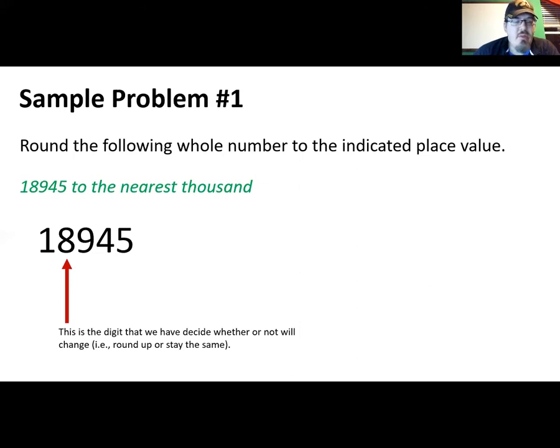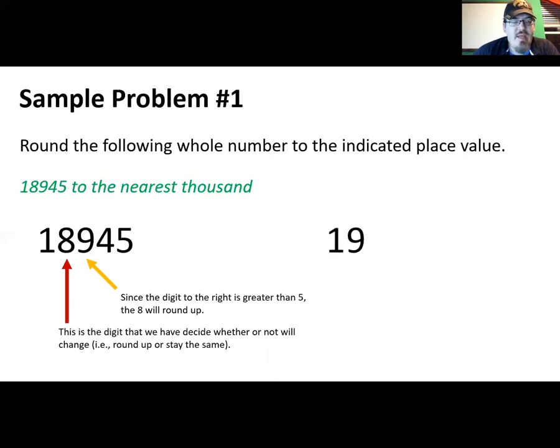So to do that, we look to the digit behind it, or the number to the right of the 8. In this case, the digit there is 9, and 9 is greater than 5. So anytime we have something greater than or equal to 5, what that means is we're going to round up. So the 8 is going to round up and become a 9.